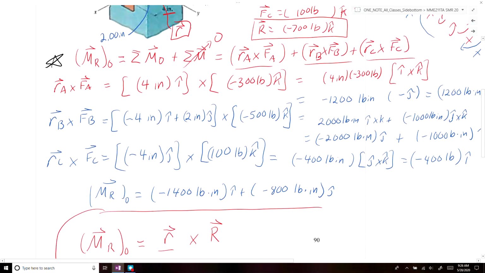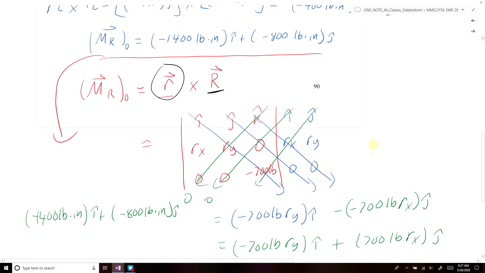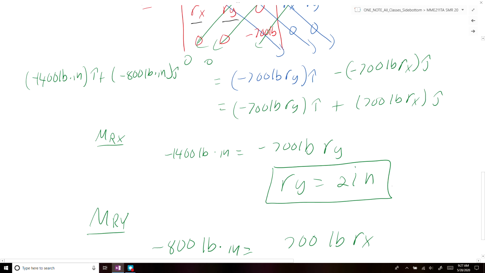And once you have those, to find the location of where your resultant force would be applied, you would take the cross product between those two vectors, and you would substitute in values for Rx and Ry for your unknown coordinates, and you can solve for those unknown coordinates using the sum of all the moments in the x direction and the sum of all the moments in the y direction.